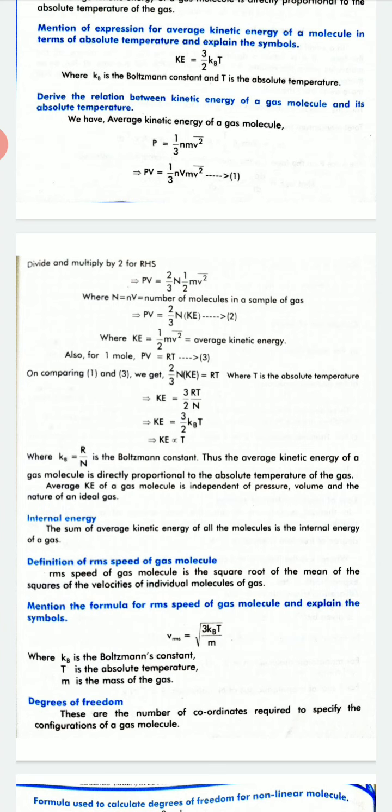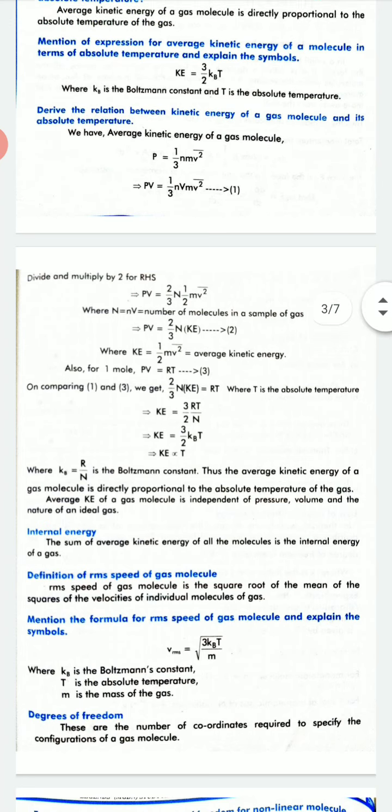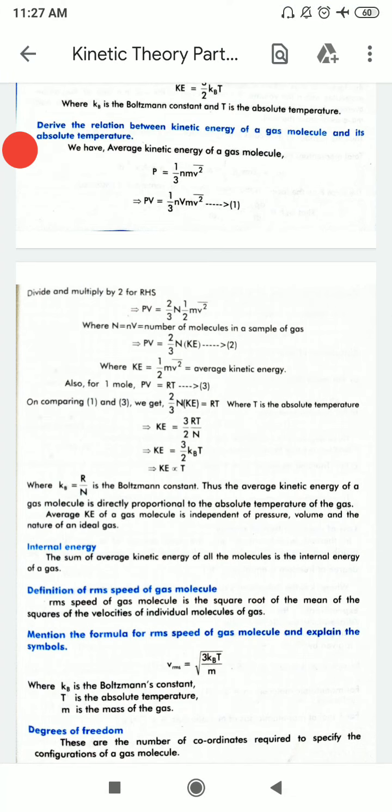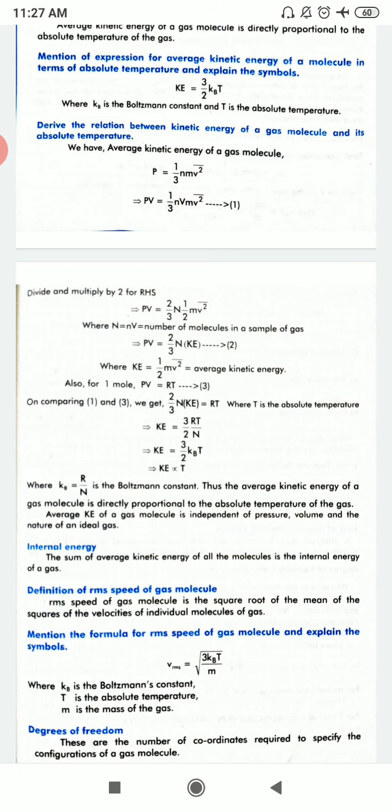Vrms is equal to root of 3 kBT by m. kB is the Boltzmann constant, T is the absolute temperature, and m is the mass of a gas molecule. And degree of freedom. So what is meant by degree of freedom? These are the number of coordinates required to specify the configurations of the gas molecule.